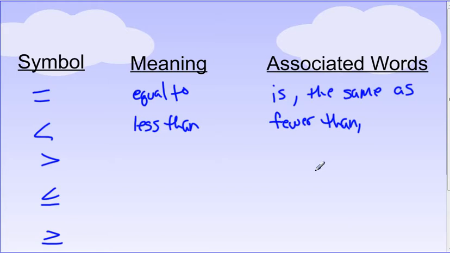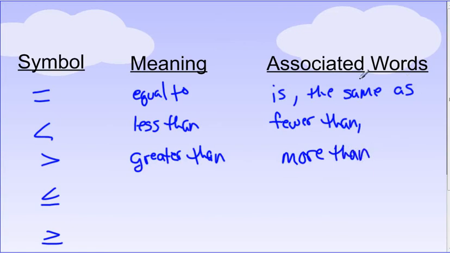He has fewer than 5. He has less than 5. This one is called greater than, and you use more than. By the way, this is not an exhaustive list. These are just the most common ones you'll see frequently.